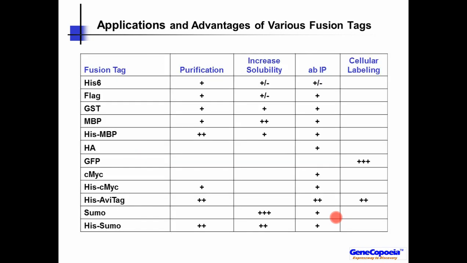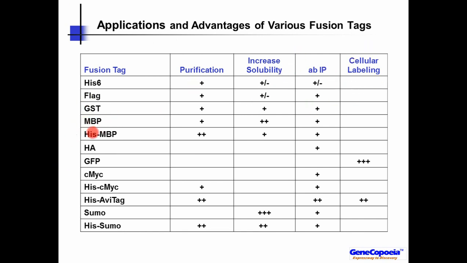All right, so what are some of the applications and advantages of the different fusion tags? Well, shown here is a list of the different tags that we have available for our expression clones. Some tags, such as His and FLAG especially, are great for purification, but they're not as good for other types of applications.